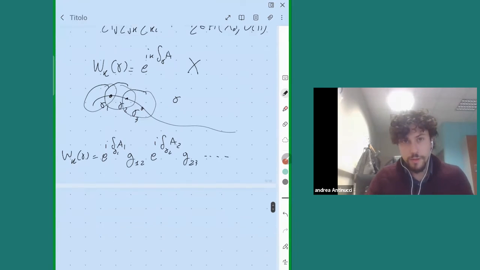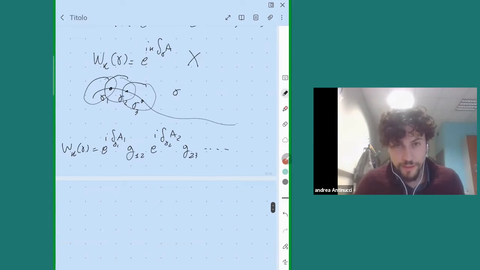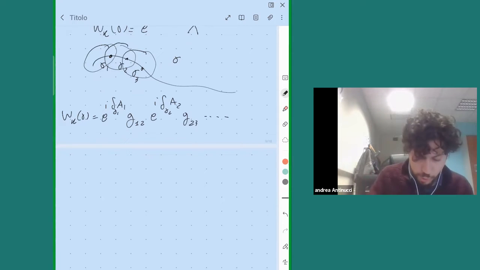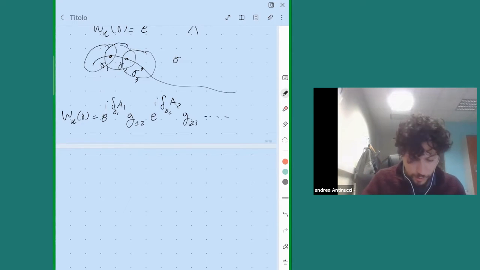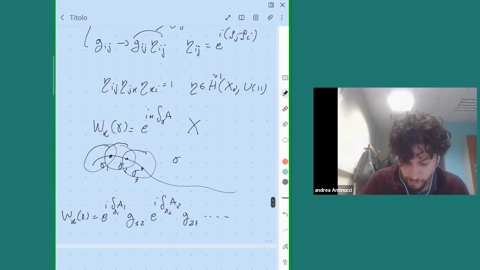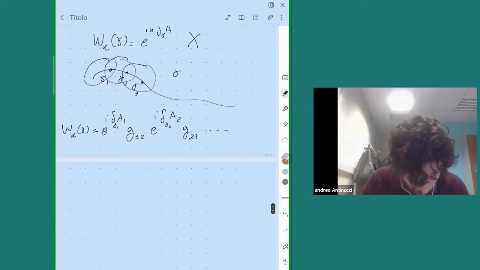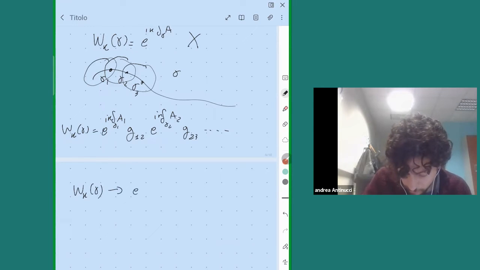So this now explains the puzzle, because A is invariant, but I'm acting on the transition function, and indeed you will realize that when you perform this transformation that I explained, you precisely get the same factor I explained. So the Wilson line, even defined more precisely in this way, will get this kind of factor.